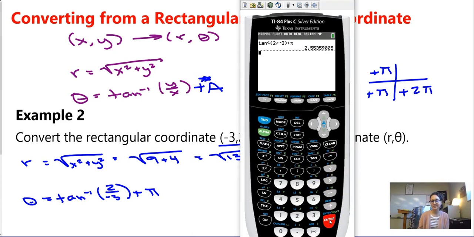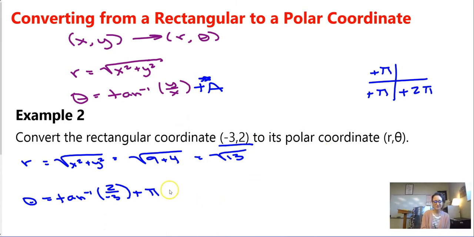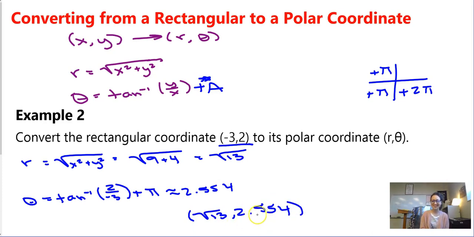And again, this is in radians, so about 2.554 if you round, radians. So my final answer, (r, theta), is (square root of 13, 2.554). And remember, that's in radians, and pi radians is 180 degrees, so we are in quadrant 2, most definitely, not yet past pi.